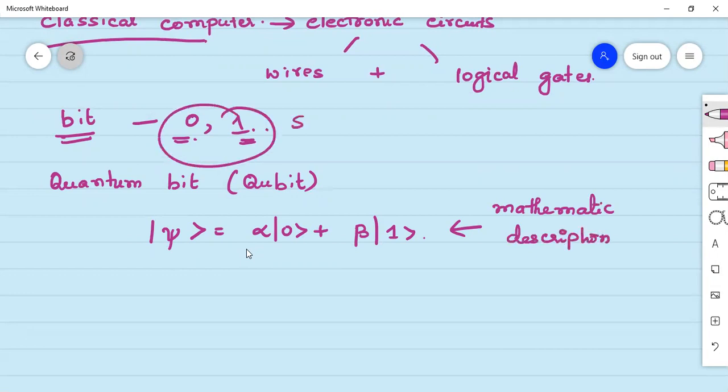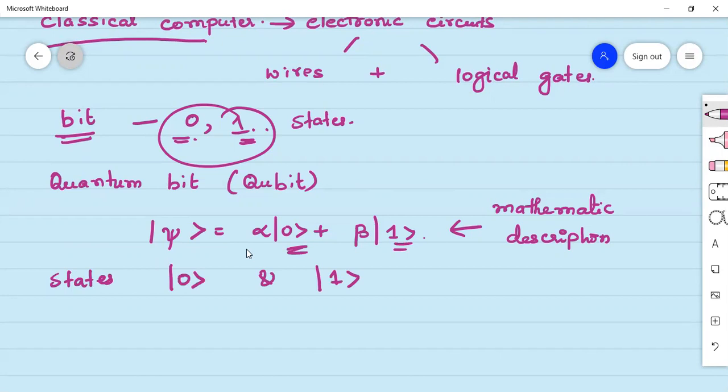So if these are the states for classical computers, for quantum computers, that is qubits, we can say the states are this and this. Here you can see, no? This is the notation that we use.